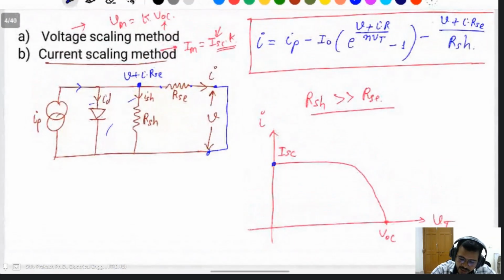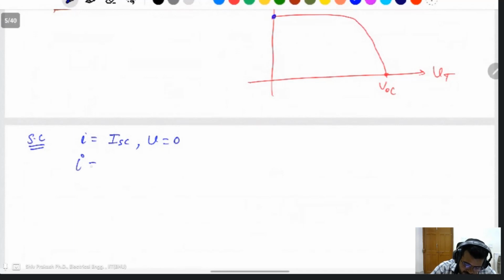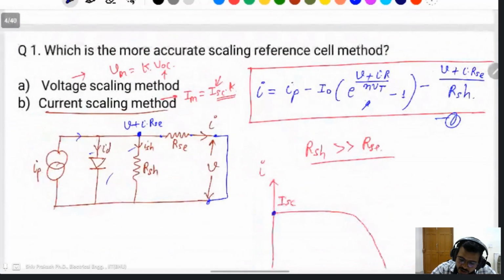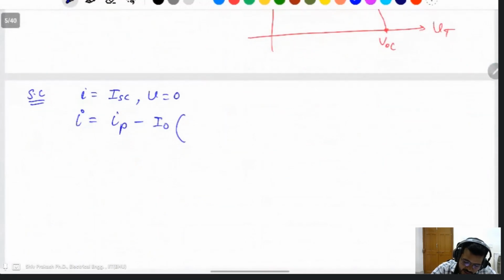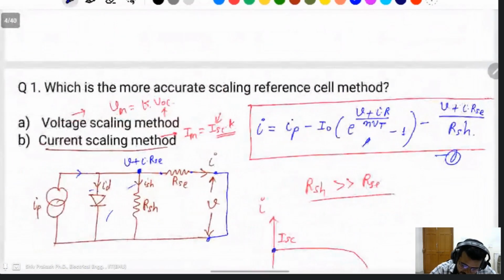And put the equation on this one, that equation number first, take this one. Then I is equal to IP minus I naught, voltage 0, it means e to the power of (V plus I into R) divided by NVT, I into RS, because of this one.